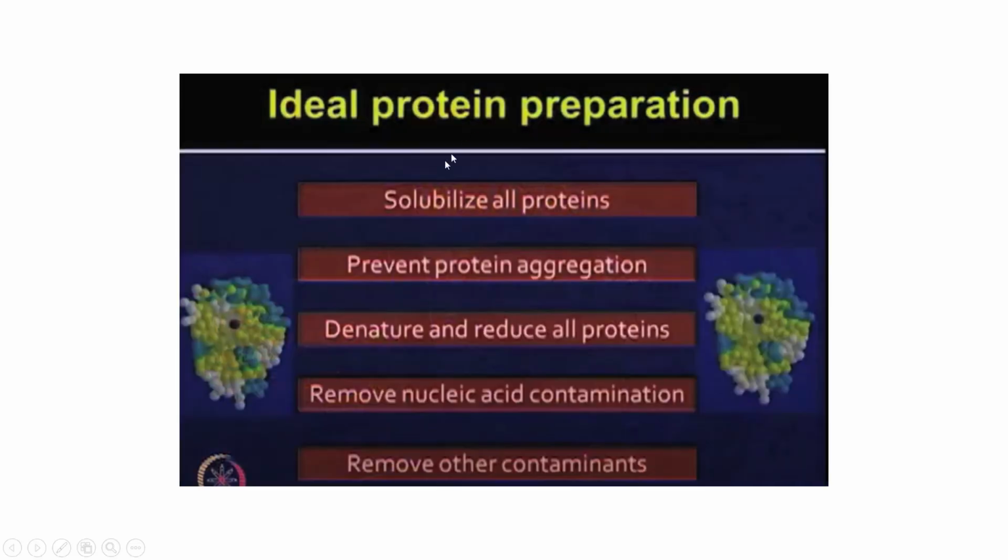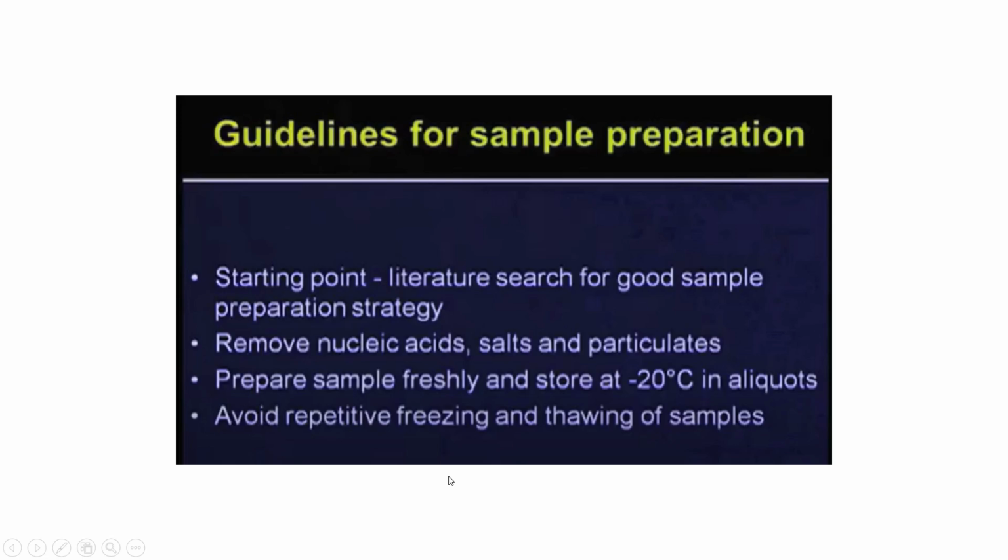So in terms of protein preparation, initially there's solubilization, preventing aggregation, as well as protecting from degrading proteolytic enzymes, so protease inhibitors will be added. Then denaturing and reducing all proteins, and removing nucleic acid contamination, DNA and RNA, and other contaminants as well.